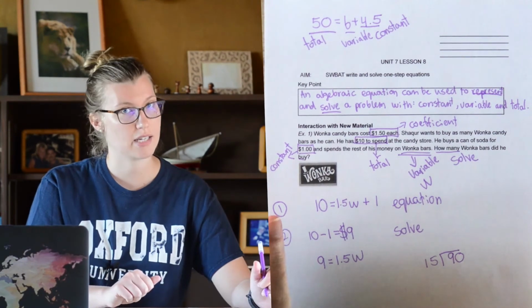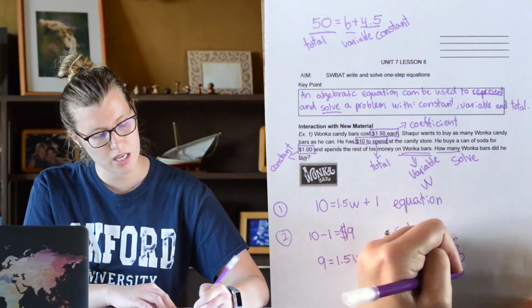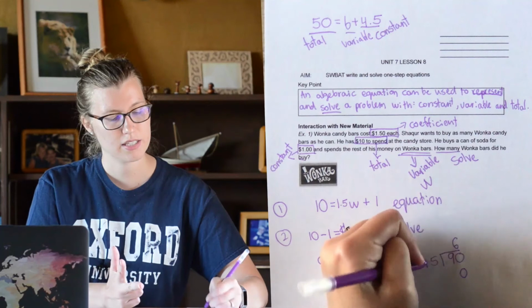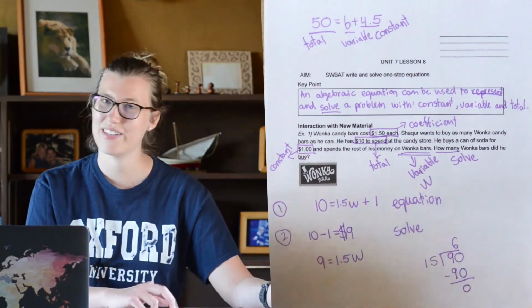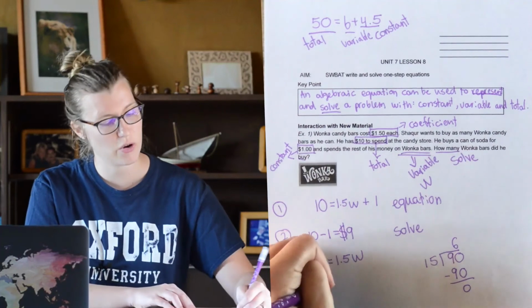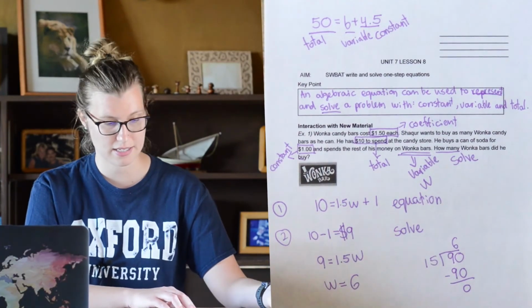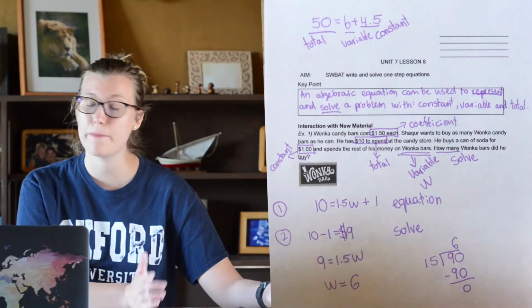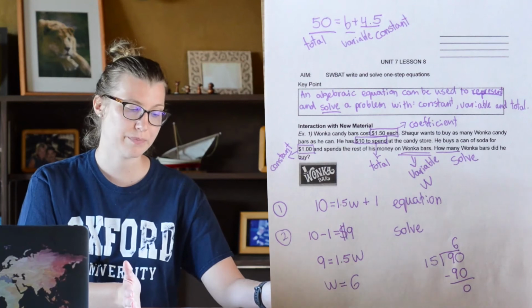I believe it is 6. Did you get 6? Let's check. 6 times 5 is 30. 6 times 1 is 6, plus 3 is 9, so 90. Yes, if you got 6, you are correct. So my W, my Willy Wonka bars, equals 6. He was able to buy 6 Willy Wonka chocolate bars.